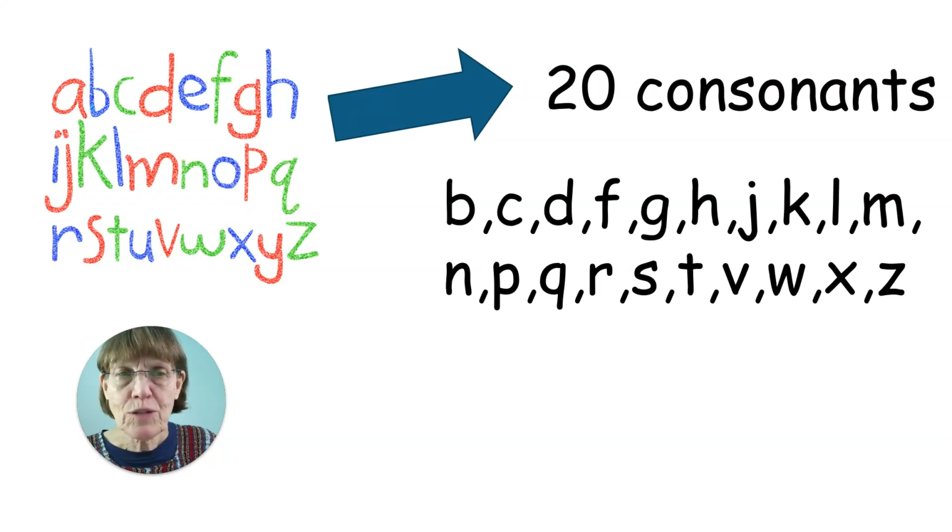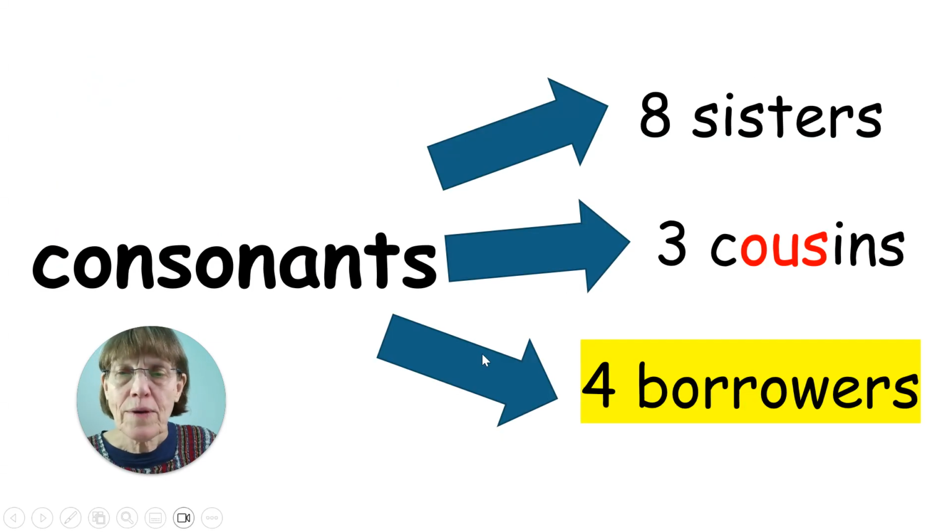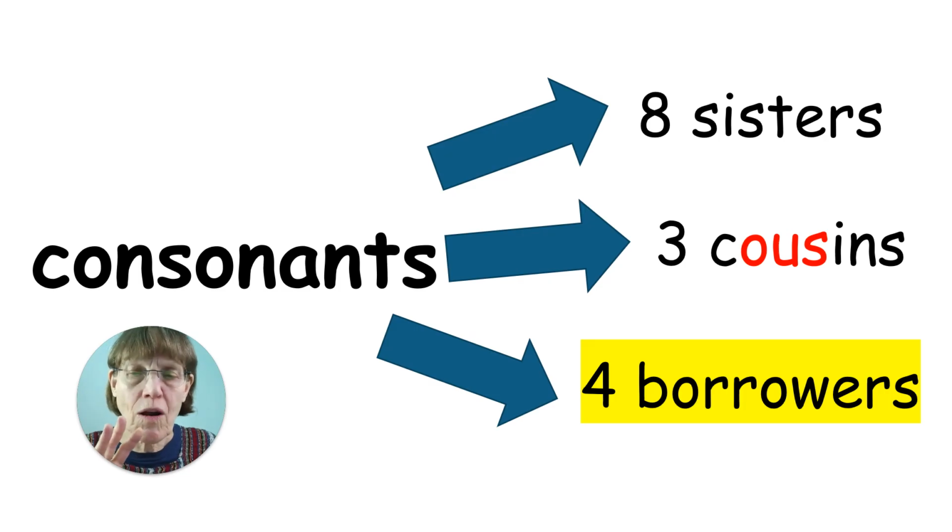So remember, in English we have 20 consonants, and they have names. Their names are B, C, D, F, G, H, J, K, L, M, N, P, Q, R, S, T, V, W, X, and Z. And remember, we can put the consonants into 3 groups.